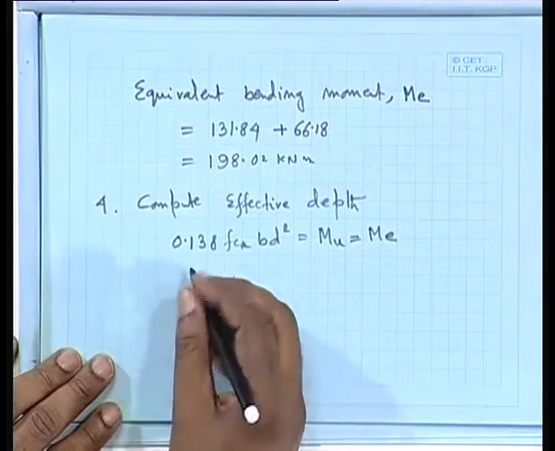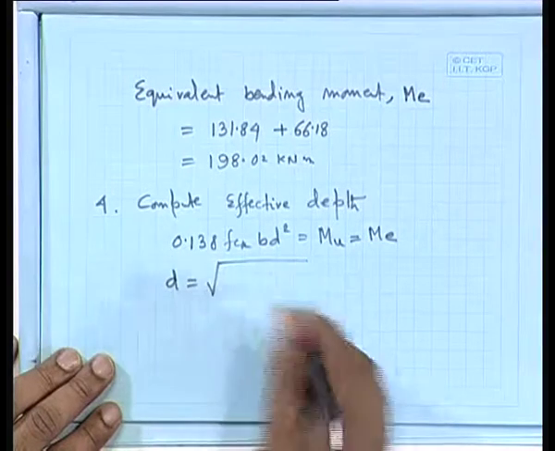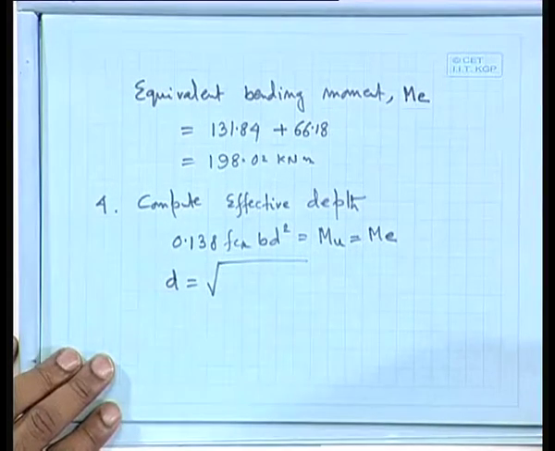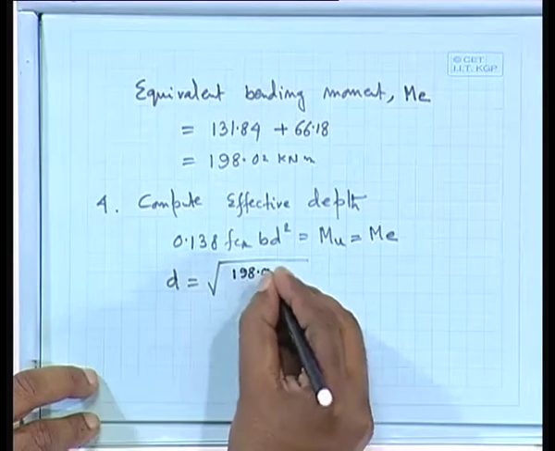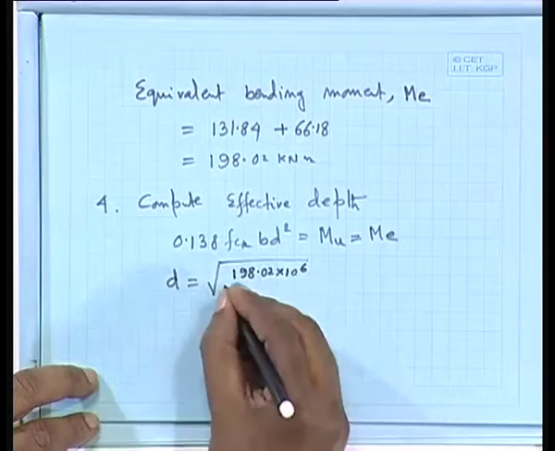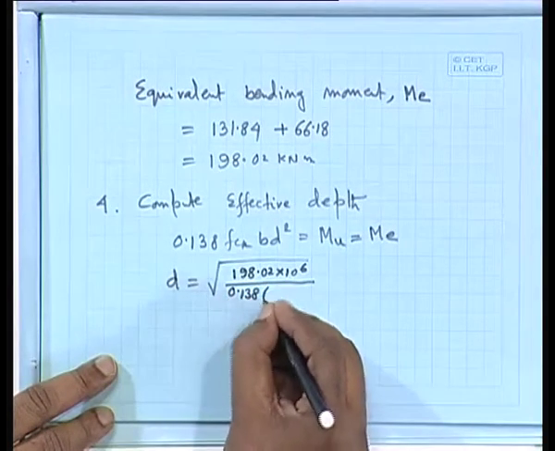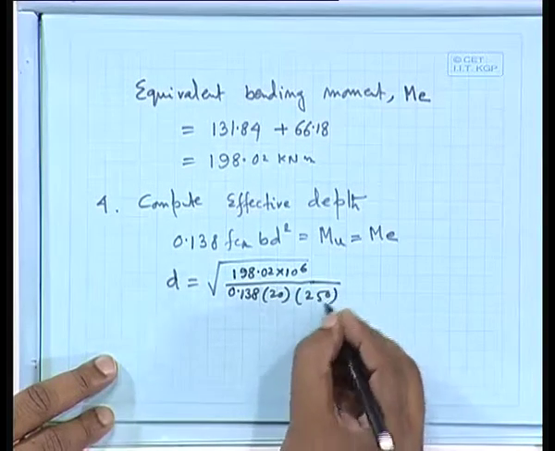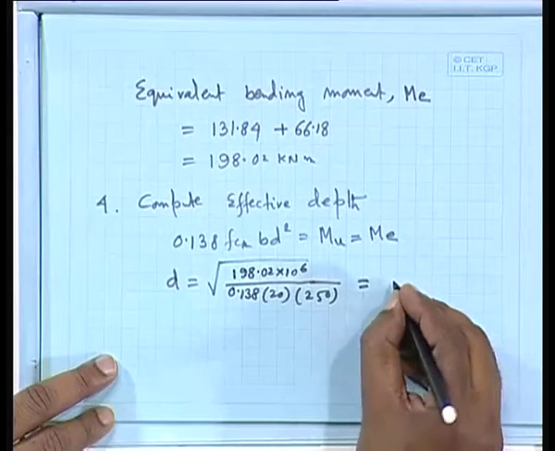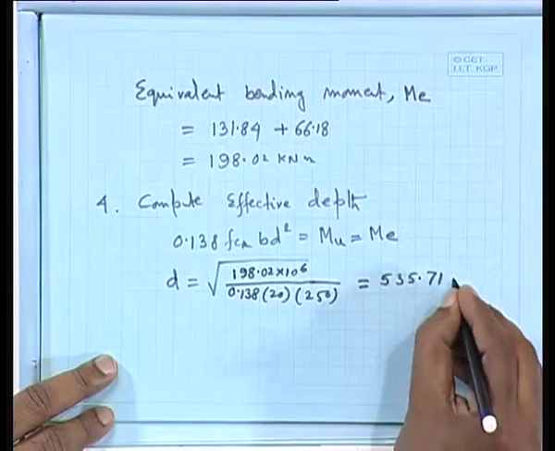So we can find out D equal to 198.02 into 10 to the power 6 divided by 0.138 times 20 times 250, equals 535.71 millimeter.